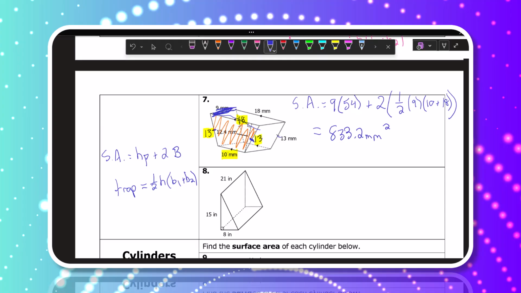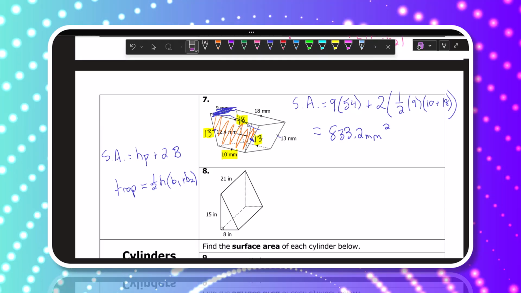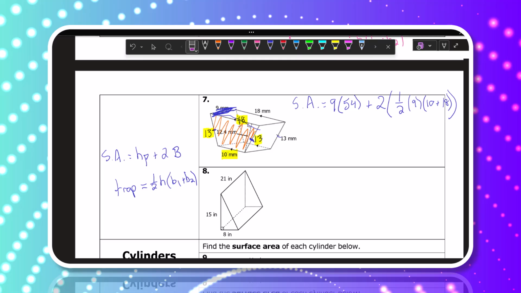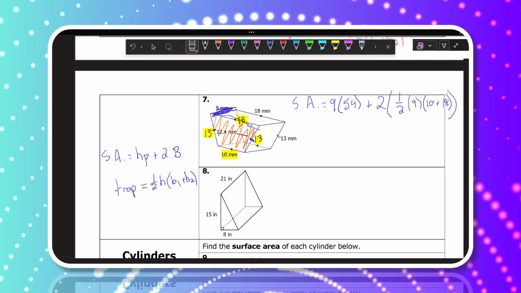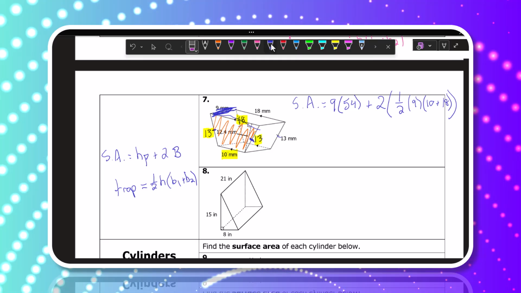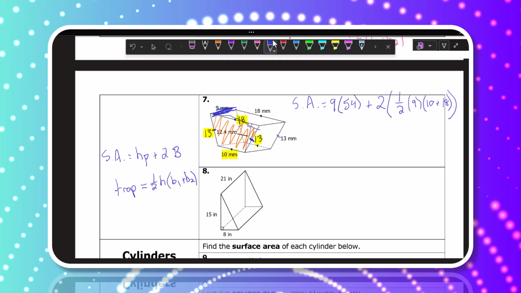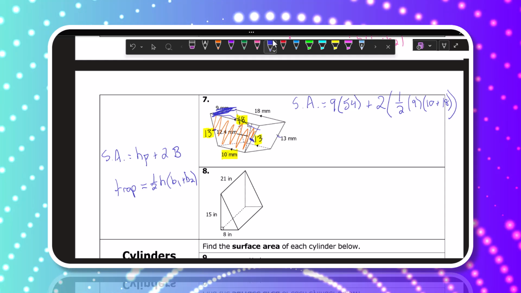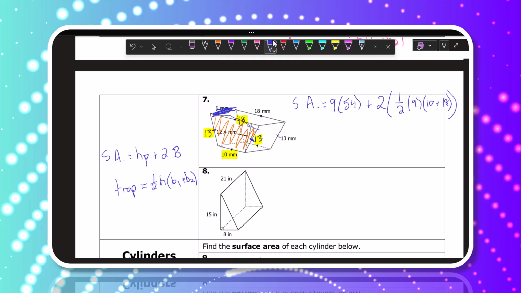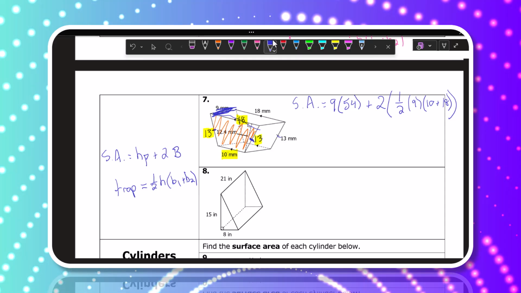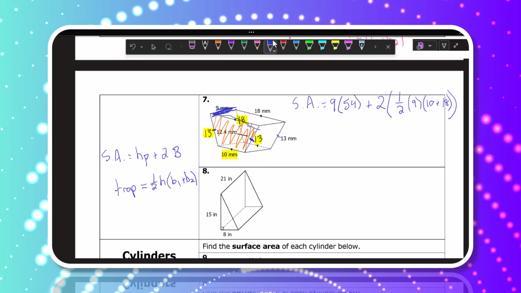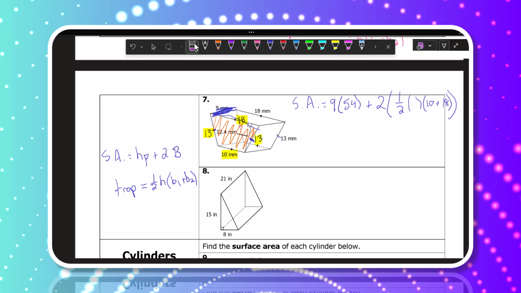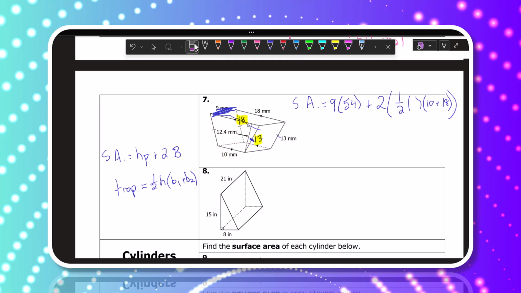Whoops, that is not correct. So the mistake that I made, and I did this to prove a point, the height of our trapezoid is not 9. That's the height of our prism.